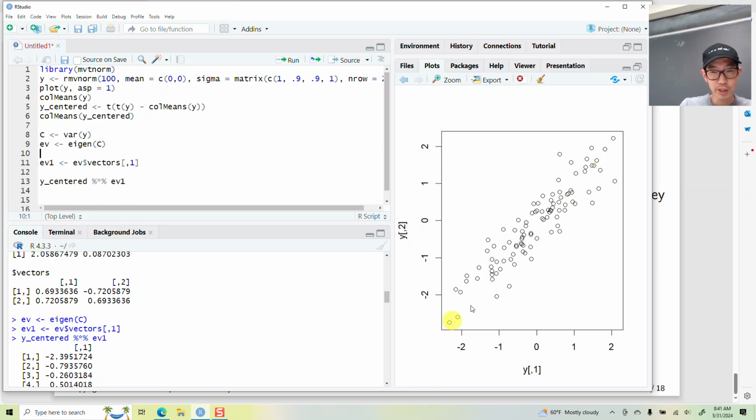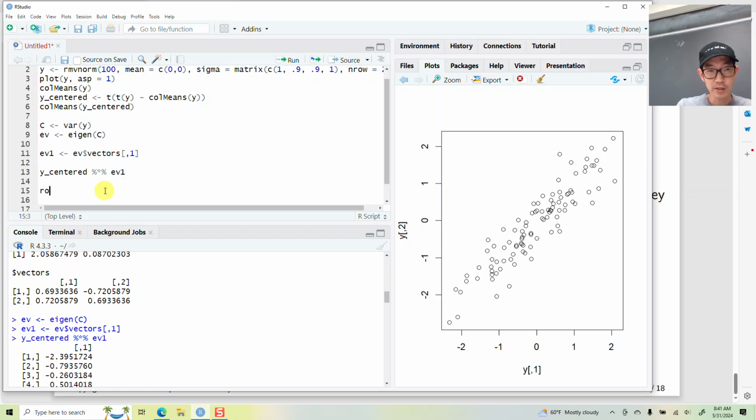Here, let me just show you a rotation of this. I can just take the vectors. All right, so I'll call this rotated y. If I just take my centered values and multiply it by both eigenvectors, okay?